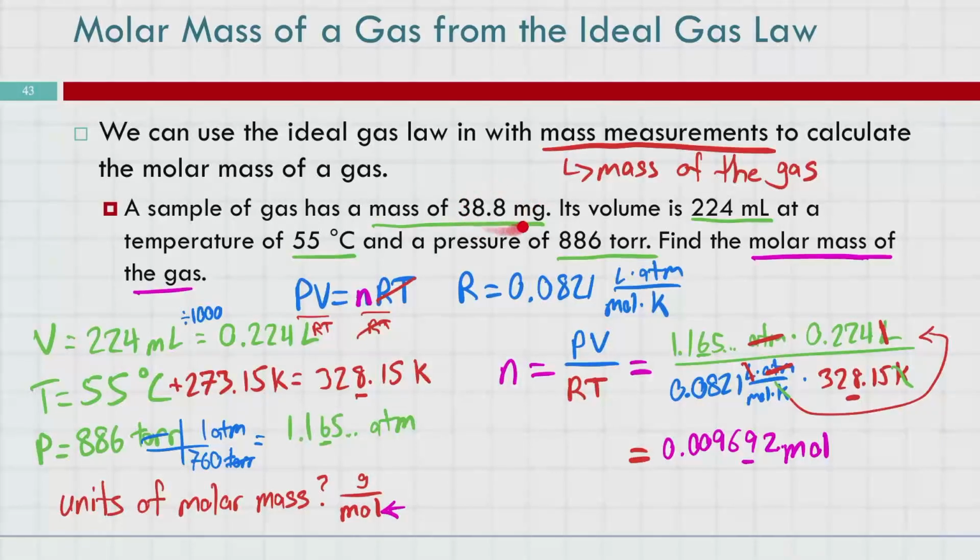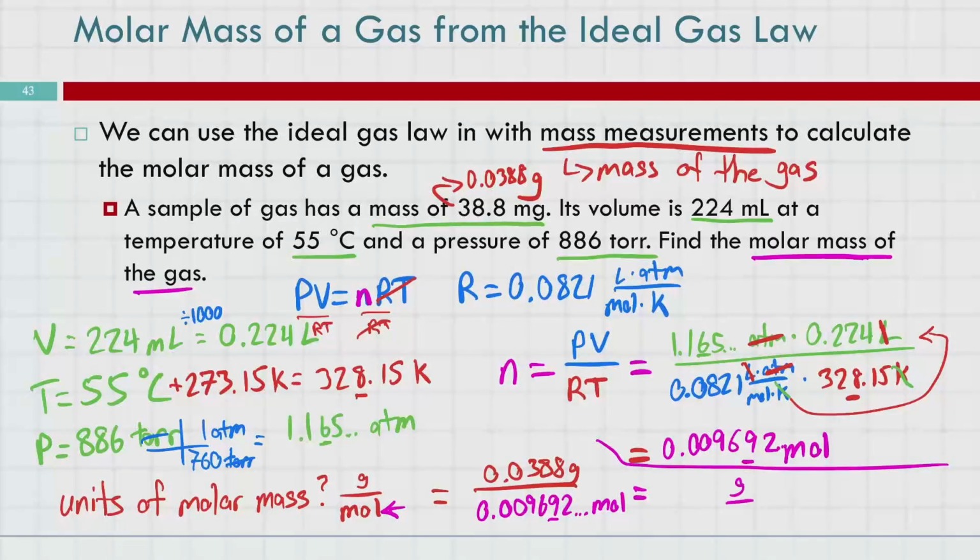So the 38.8 milligrams up here, I'm going to convert in place: 0.0388 grams. So 0.0388 grams over 0.009692 moles. Our units, because nothing canceled out, are grams over moles. And we get a value of 4.00 grams per mole for the molar mass of our gas.